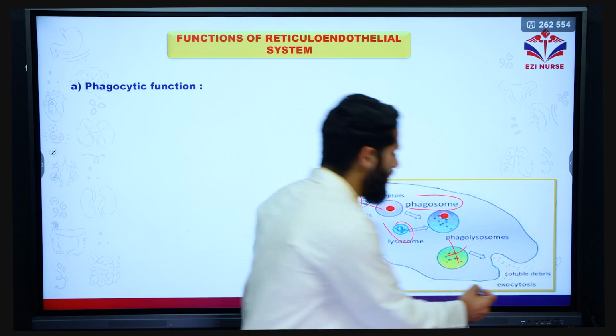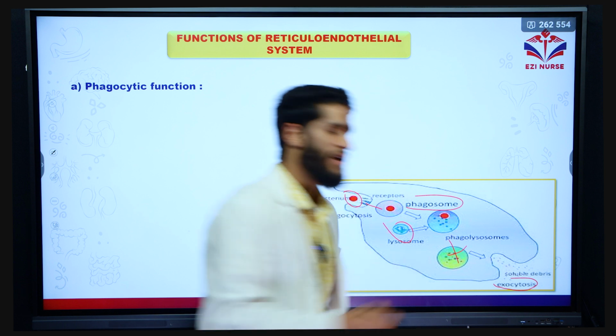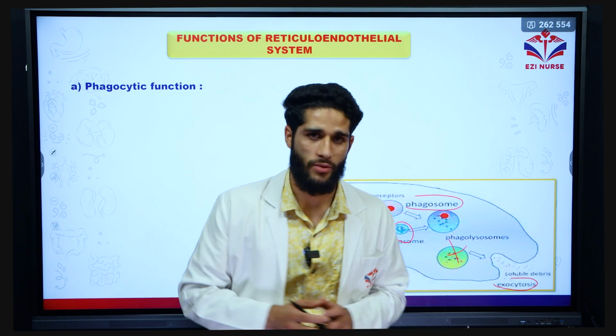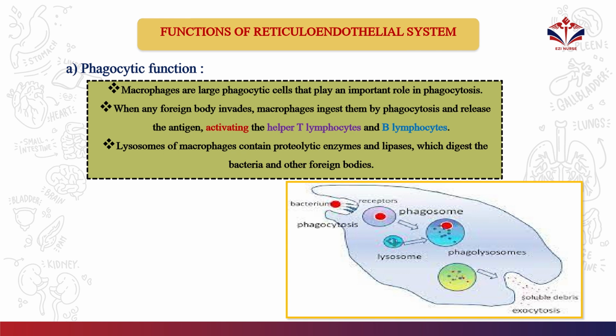Then, following with exocytosis, the remaining parts of the bacteria or any pathogen will be released out from the body. So that's your process of phagocytosis. The macrophages, we know, are large phagocytic cells and can kill more than 100 types of bacteria at a time inside them and destroy them.